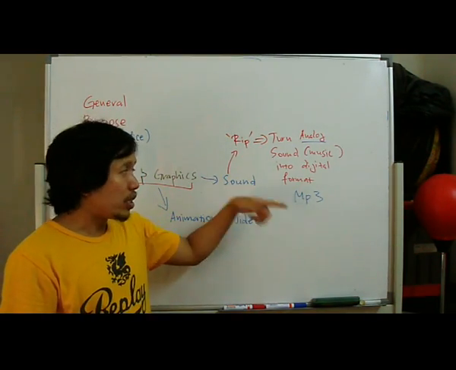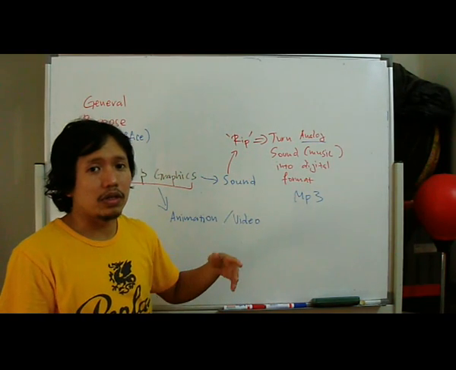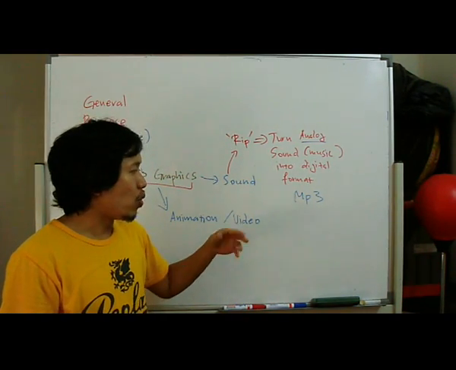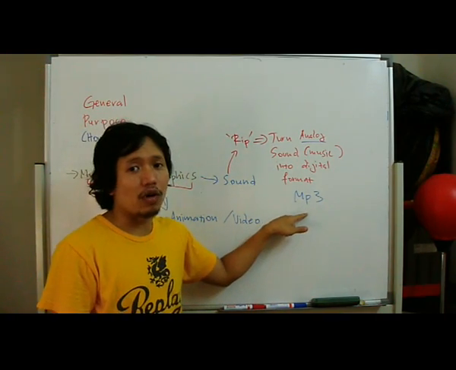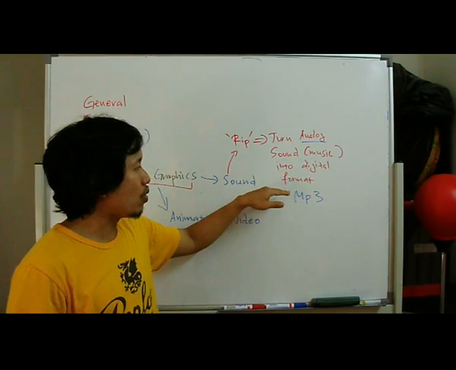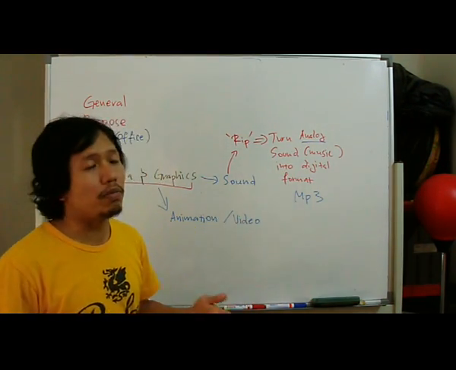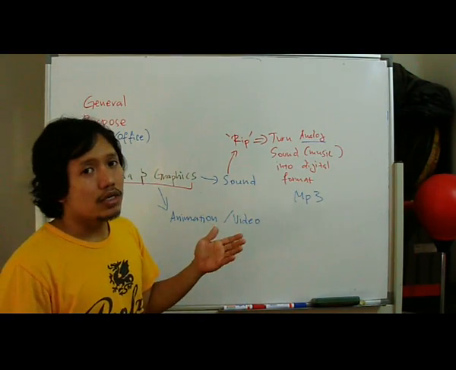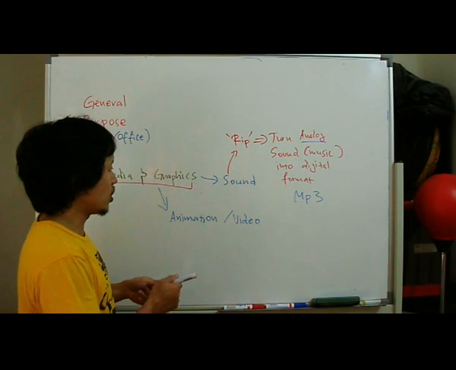With 30 megabytes, maybe you can store all of your original songs, right? So that means 1.5 megabytes per song when it is in MP3 format. So ripping is turning analog sound into digital format, for example MP3, and you do it because you want a smaller size of files, so you can store more inside your computer.